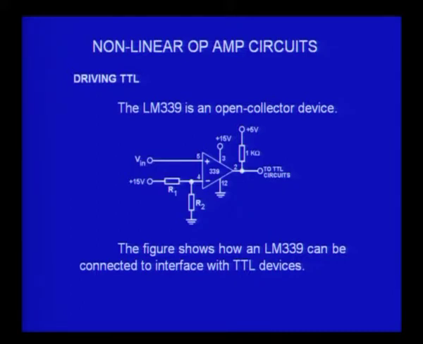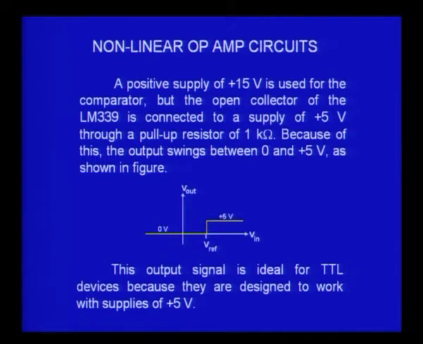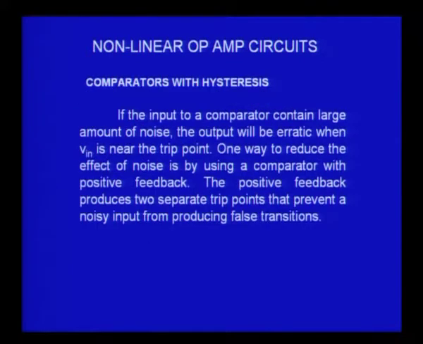Because it is connected through an open collector output to 5 volts, the output will be clamped at 5 volts and 0 volts, and therefore it becomes compatible to TTL devices or digital circuits. The pull up resistor is around 1 kilo ohms. So, the transfer curve for that circuit will be 0 volts till I come to the V reference, and beyond that it will be plus 5 volts.